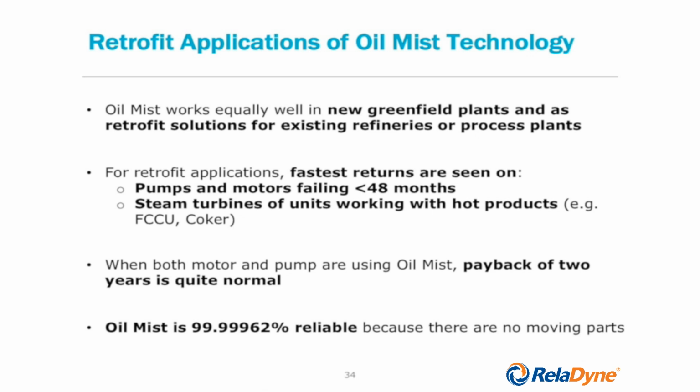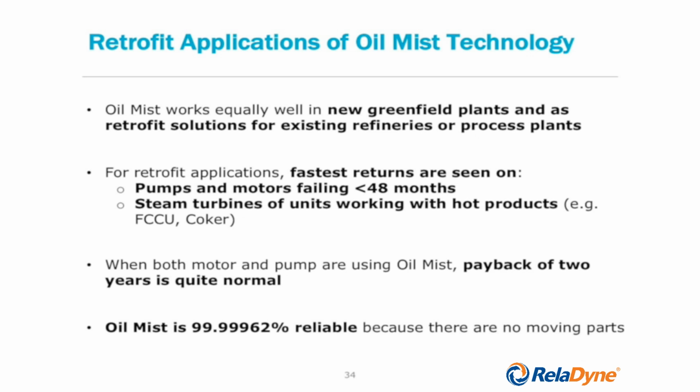If you convert pumps and electric motors to oil mist lubrication, you will very rapidly see an increase in life expectancy and a decrease in cost of lubrication. Your third bullet point says when both motor and pump are using oil mist, the payback of 2 years is quite normal.